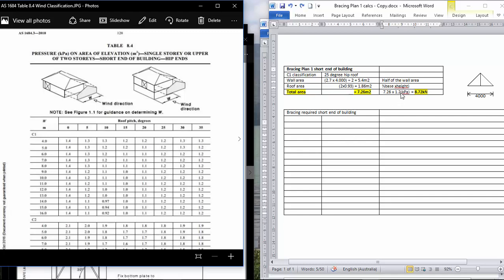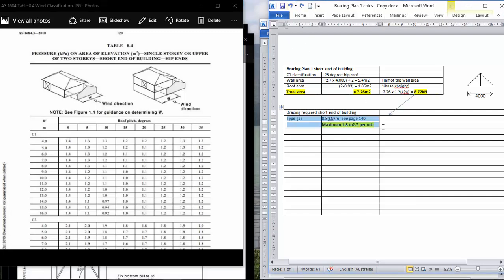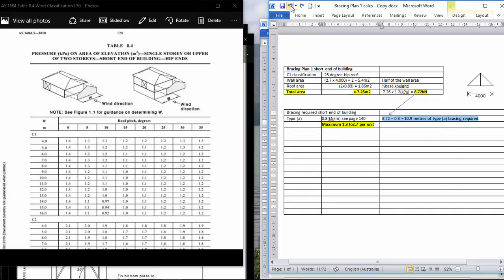So we ended up with 8.72 kilonewtons of force. We then use our type. We just go through the same process again. We go through our type A. So it's 8.72 divided by our 0.8, and we need 10.9 meters of bracing.